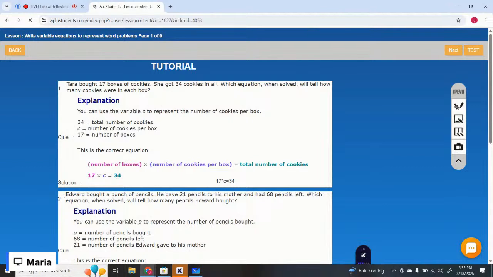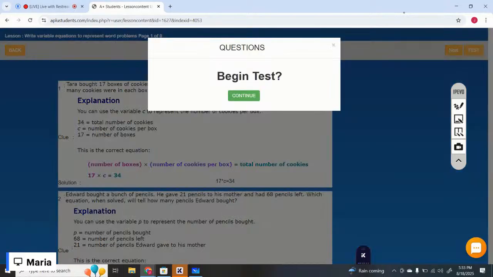Which expression, when solved, will tell how many cookies were in each box? You need to write an equation that when solved will tell how many cookies were in each box. So that is 17 times c equals 34. Let's just start with the test questions.